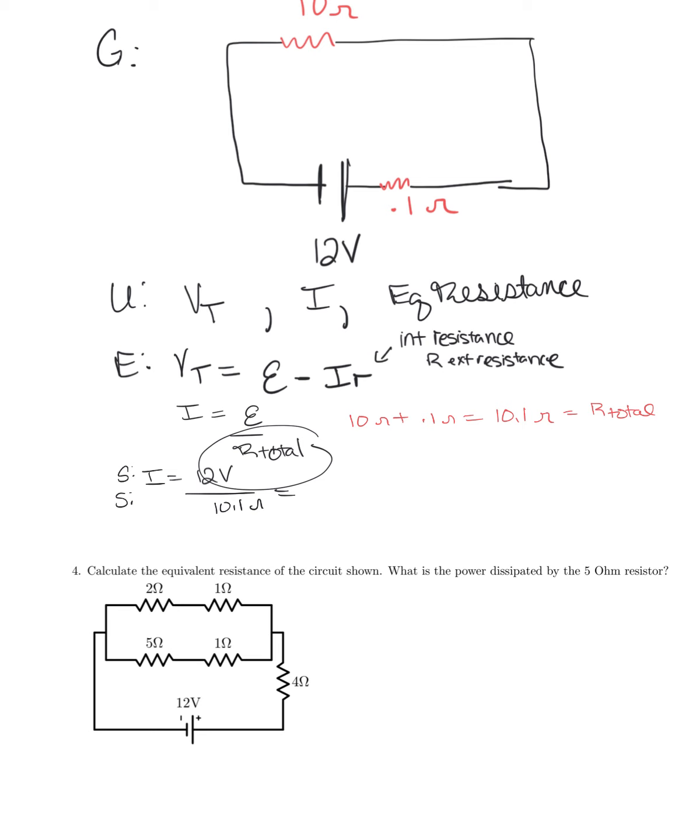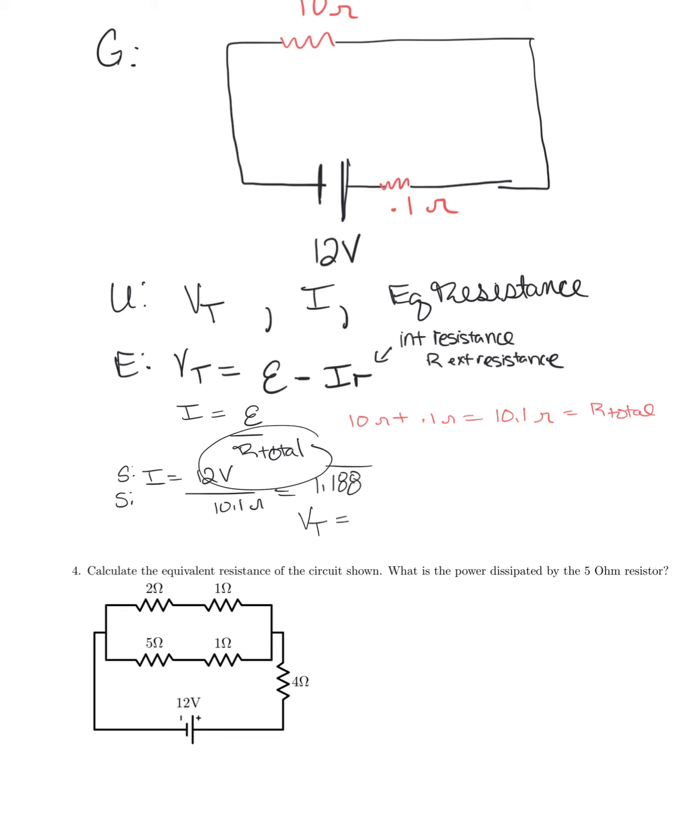So we get 1.188 repeating, and actually, because this is such an easy thing to put into your calculator, and it goes on forever and ever, I would just go ahead and plug this right in for this. So let's go ahead and do that instead of having a repeating decimal, just to be as exact as possible.